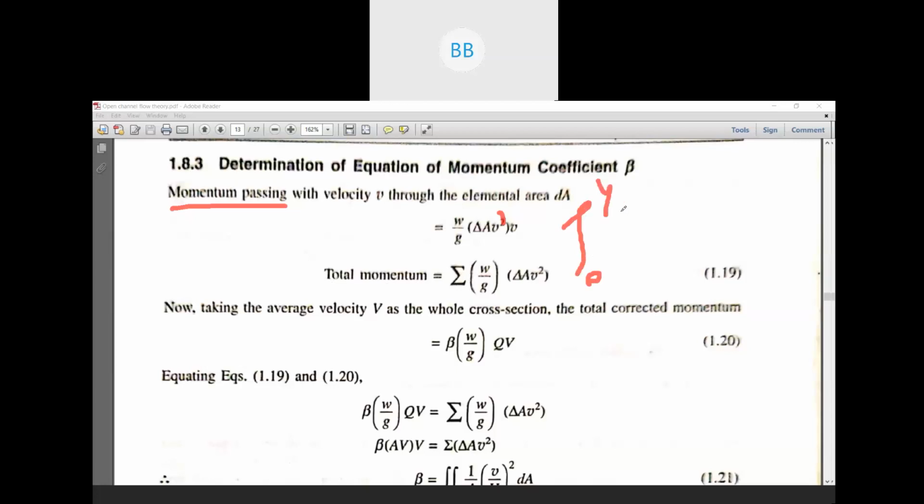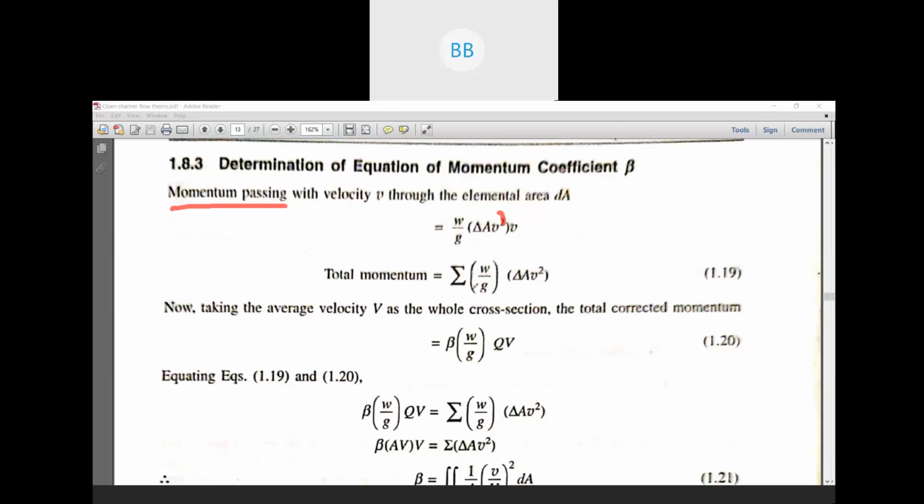We have already discussed this. So we will take summation or integration. Consider this as equation 1. Now we take the whole cross sectional area, and we are going to take the momentum for the whole cross sectional area.